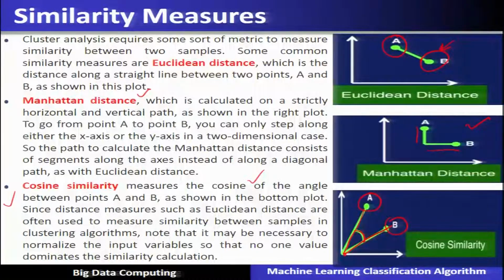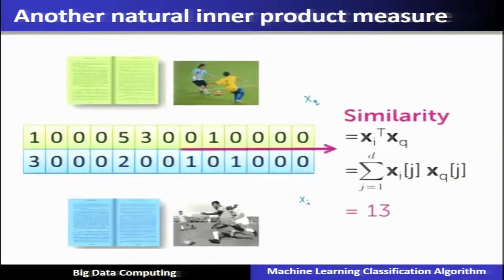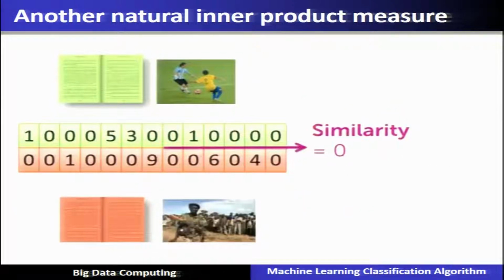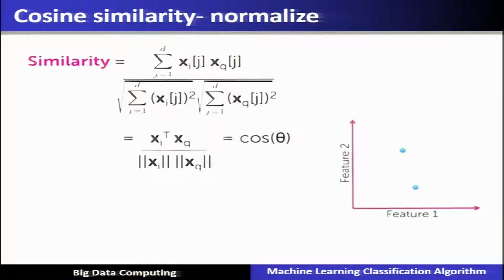and this can be used in news reading promotions. Now, we can see this particular cosine similarity is nothing but a dot product of two vectors.